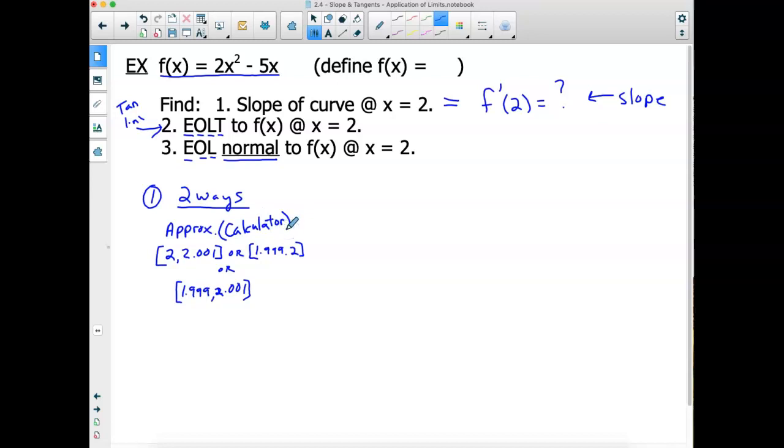Okay, the other way, which I'm going to do here, is we can find the exact. Typically I would just use my calculator here, but I feel it's important to show you the exact way a few more times. And the exact way is going to be taking the limit as h approaches 0 of, and our exact way is we're going to take our interval from 2 to 2 plus h, and we're going to let h go to 0.